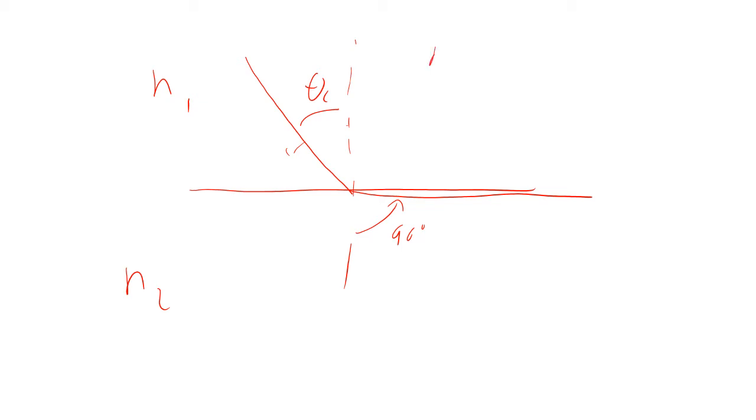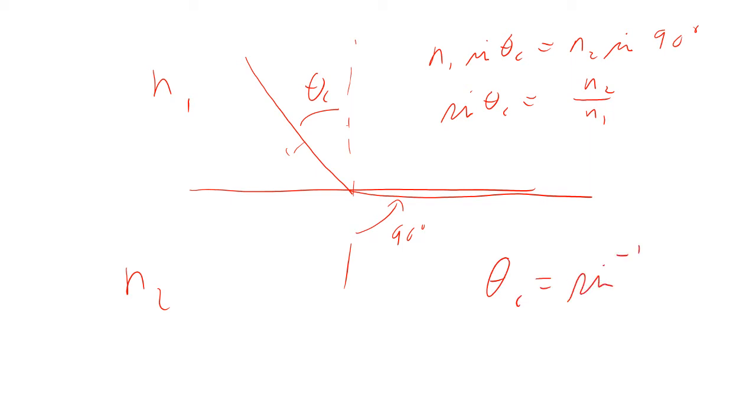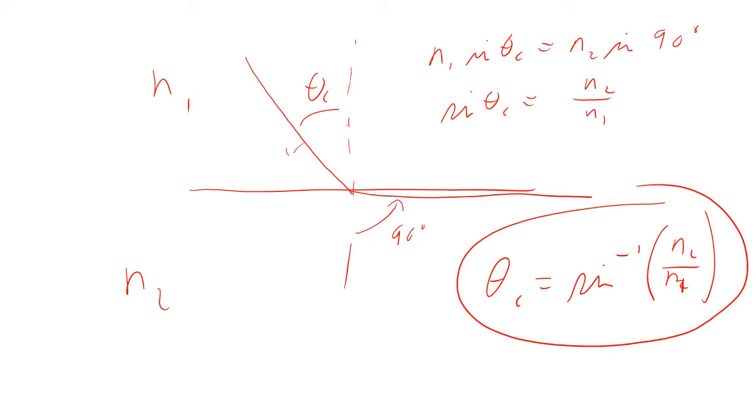So we know that n1 sine theta c equals n2 sine 90 degrees. That means sine theta c equals n2 over n1, because sine of 90 degrees is 1. So theta c, the critical angle, is the inverse sine of n2 over n1, and that is the critical angle for total internal reflection.